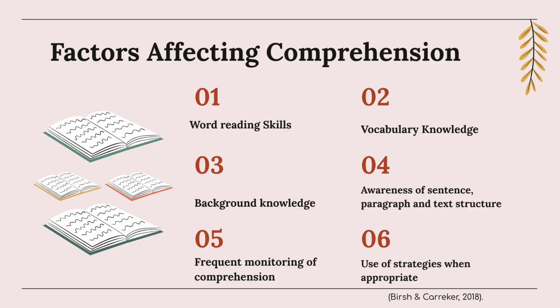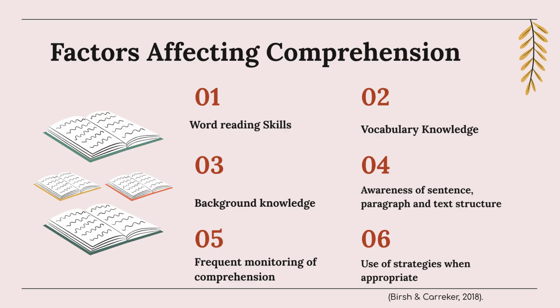There are many factors that affect comprehension. So the first one is word reading skills, which takes into consideration the ability to actually decode words and understand what you're reading. The second is vocabulary knowledge. Do you understand the words that are in the text? The third is background knowledge.